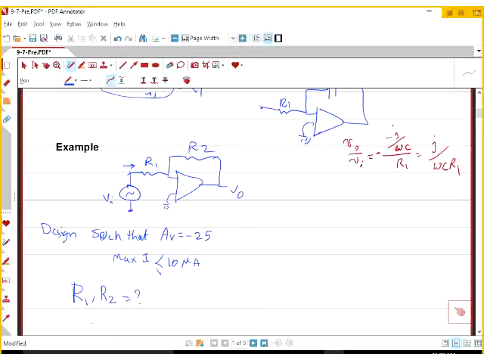What would be the range of VO if VI changes from minus 25 millivolts to 25 millivolts? Where to start?